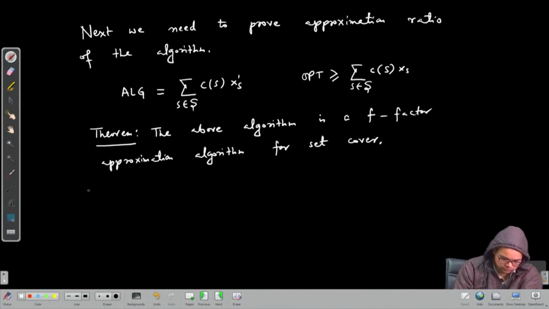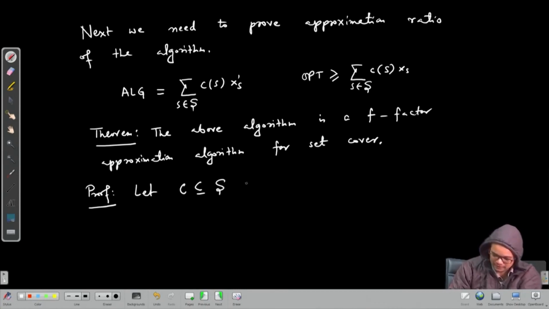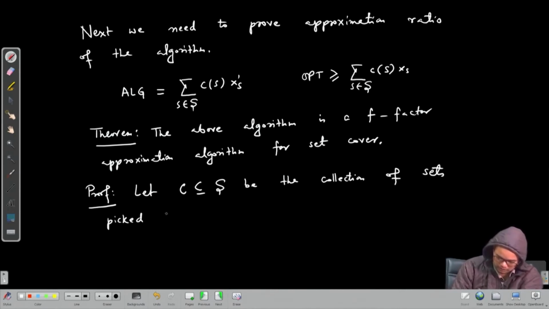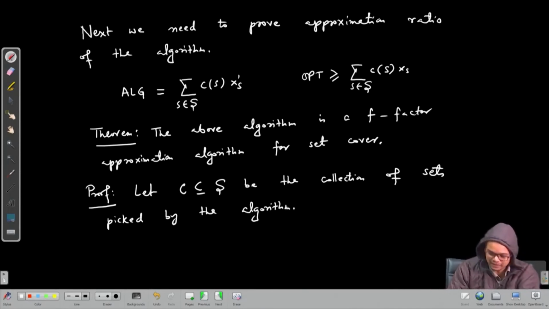Okay, proof. So let C, a subset of script S, be the collection of sets picked by the algorithm. Consider any arbitrary element e.